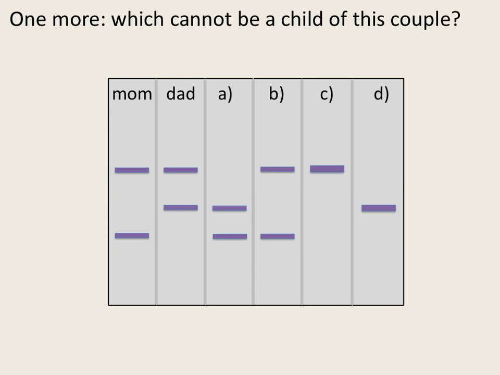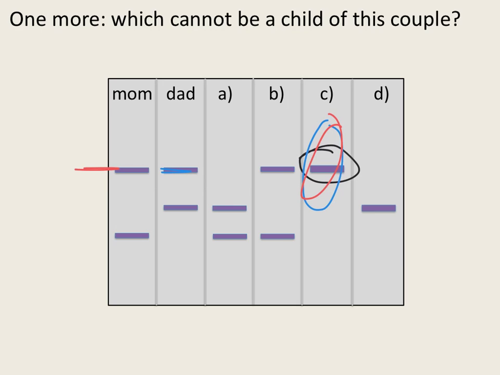Now remember one thing here. This right here is an example of a double band. In other words, mom has it and dad has it. So that could definitely be both. So that's okay.